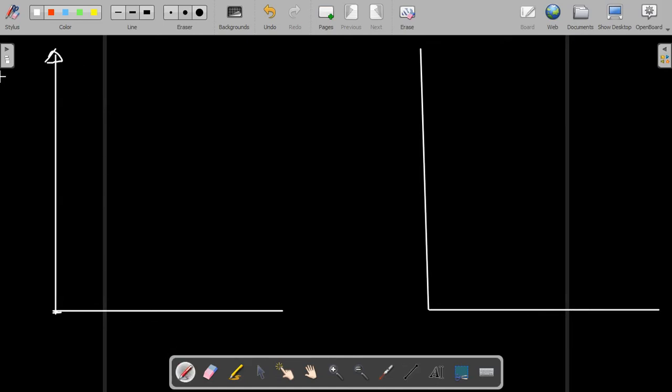This is a function of x2, and this side here, let's take it to be a function of x.